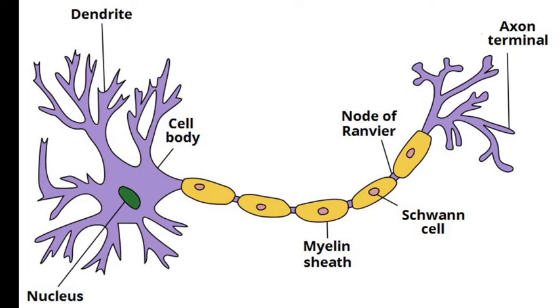And relay neurons occur in the central nervous system, like in brain and spinal cord, where they serve as a link between other neurons. So we will now explain how messages are transferred from one neuron to another in the nervous system.